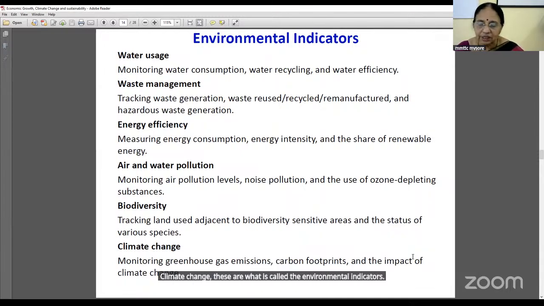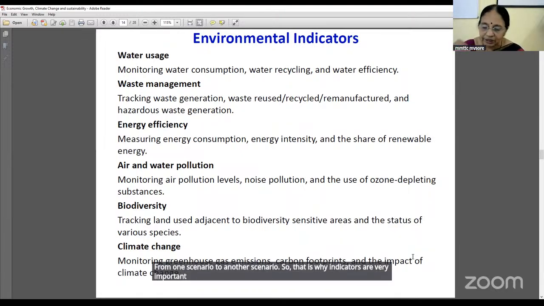An indicator tells, if you have a number, you can look at over a period of time what happened, whether we are progressing well or not. And indicators can also be compared from one scenario to another scenario. So that is why indicators are very important.